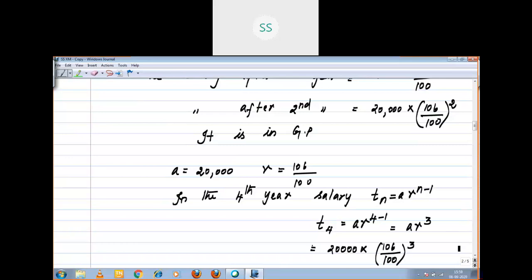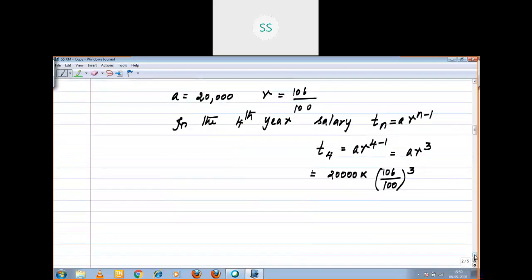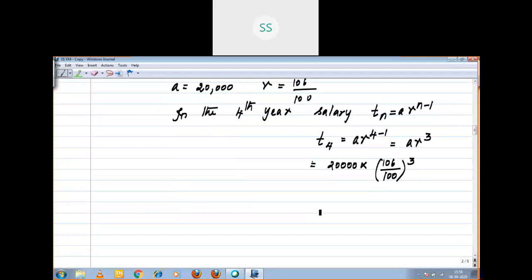Got it, children? You have to multiply and see the format. I am going to give the answer alone, right? 20,000 into 106 into 106 into 106 divided by 100 into 100 into 100. Got it?